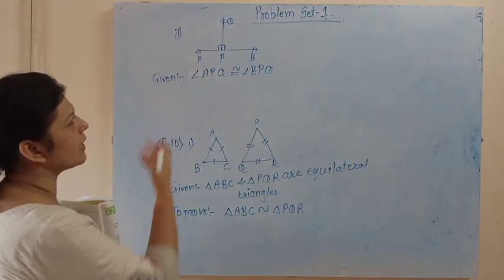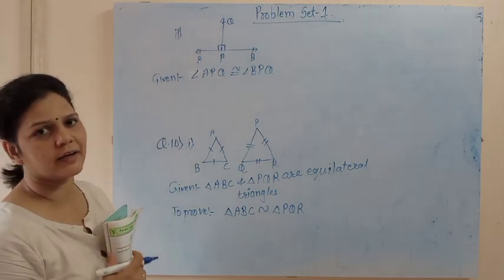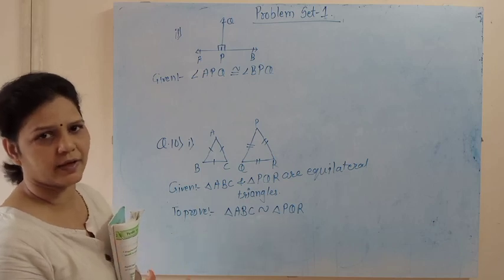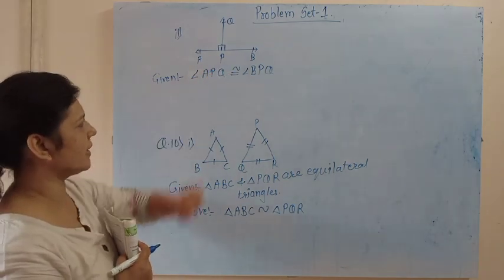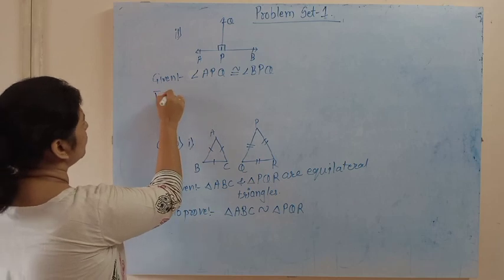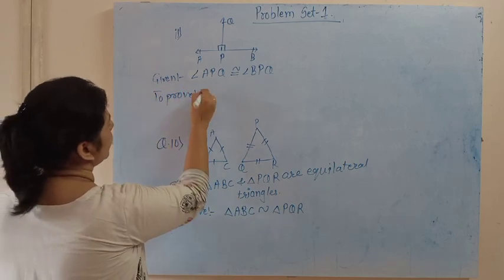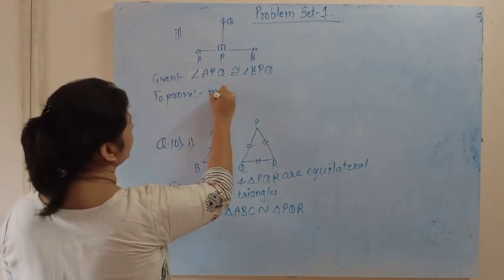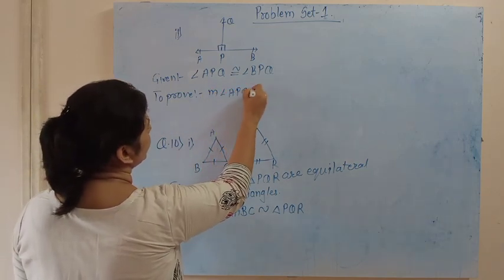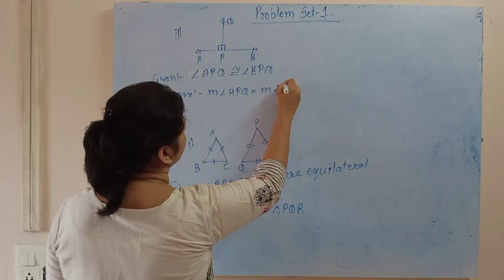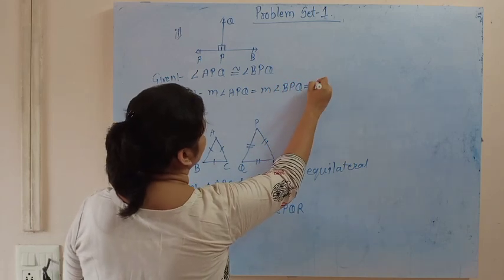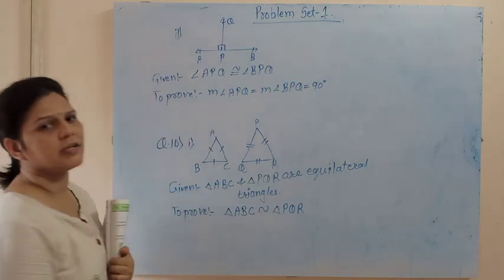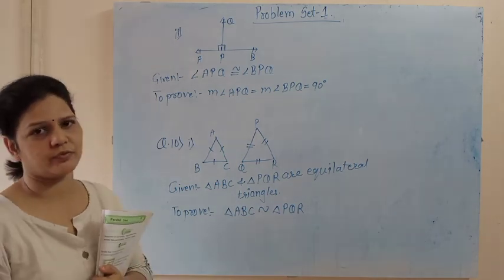Okay, and by the diagram it is clear that they are angles in a linear pair. Now what to prove? To prove each of them is a right angle. That means measure of angle APQ is equal to measure of angle BPQ is equal to 90 degrees. This is what we have to prove.